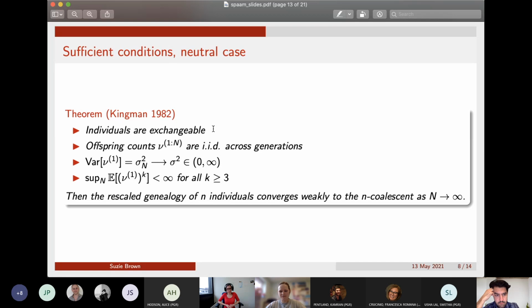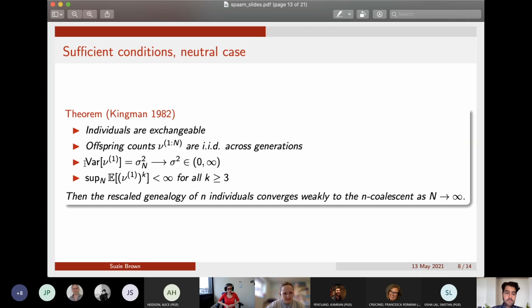It's sort of symmetric across all of the individuals. And he also assumes that these offspring counts are IID from one generation to the next. So they're independent between generations and the distribution is always the same in each generation, which means that we can drop the dependence of nu on t because they're always the same, and we can just look at nu 1 instead of looking at the general offspring counts.